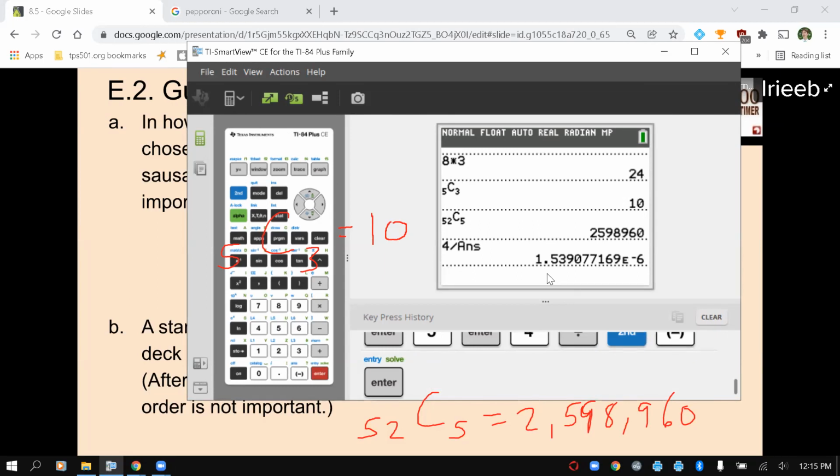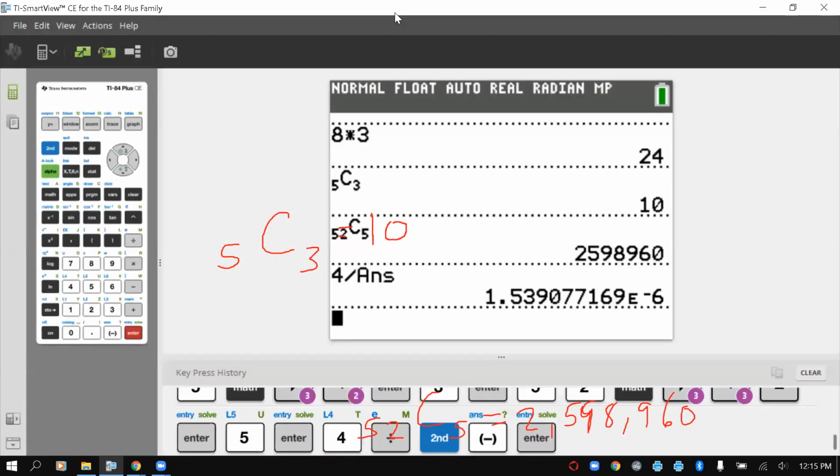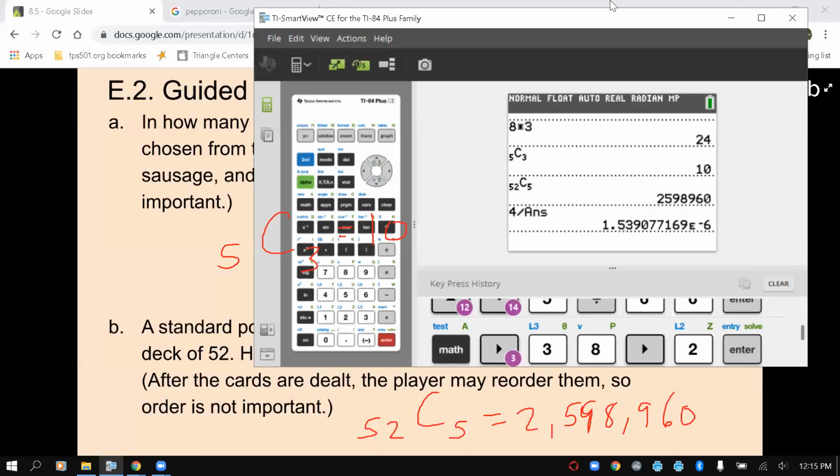0.0001%. Is that the right number of zeros? Let's write this out. That's 0.000001539, or if you move the decimal place twice to make this a percentage, 0.0001539%.